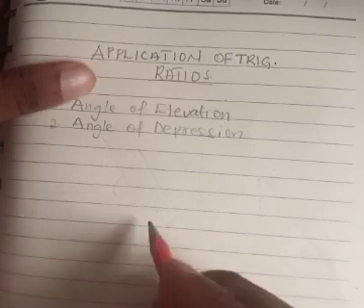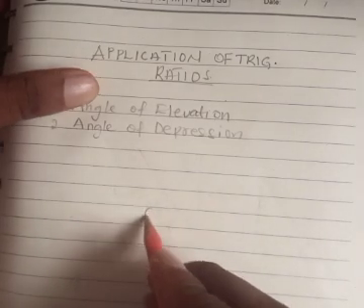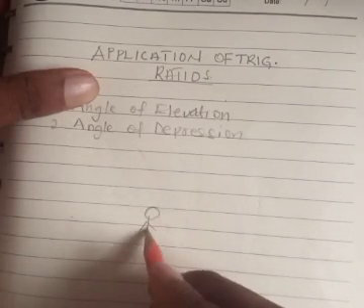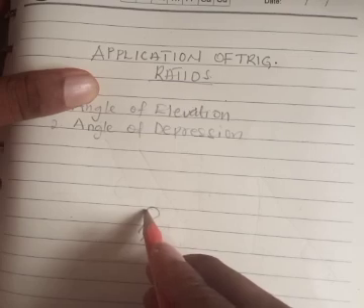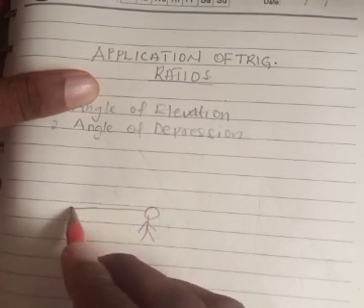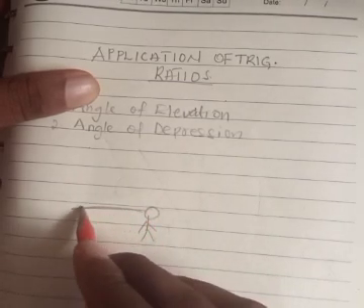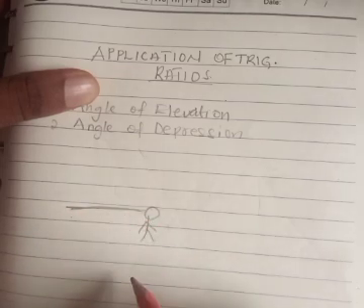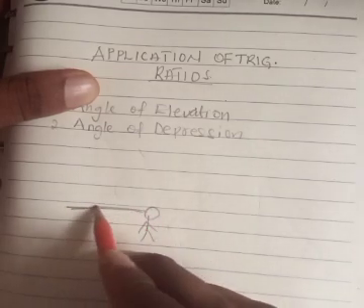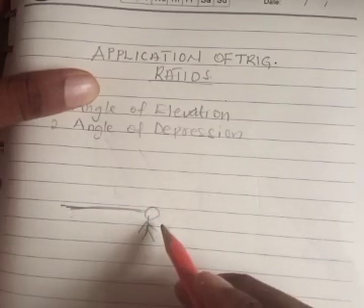Okay, so as a human being, when we are walking, we watch forward, right? We look forward. So that will create an imaginary line. But for the sake of our lesson, I'm going to draw it as a line.